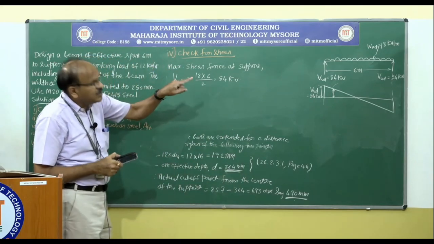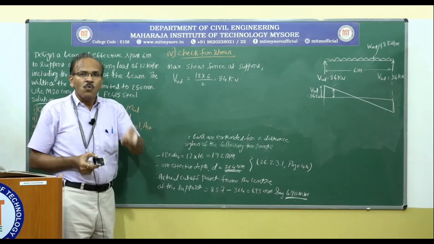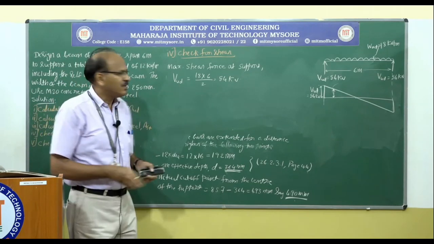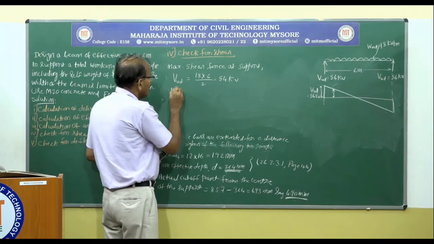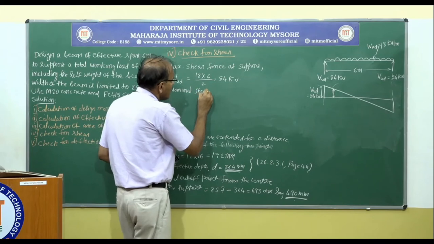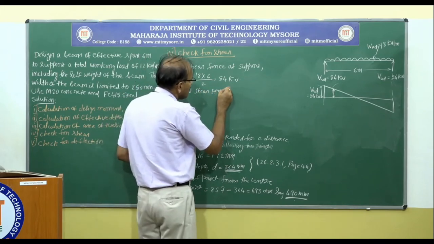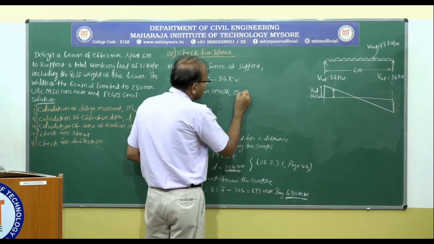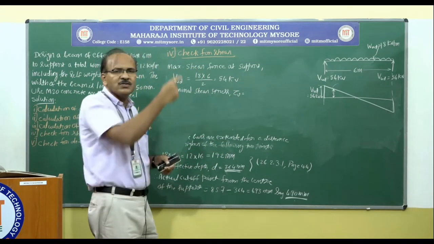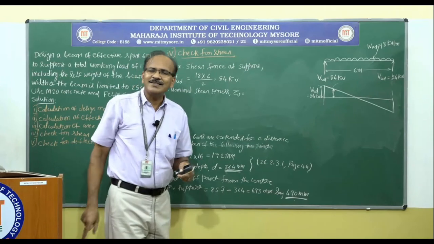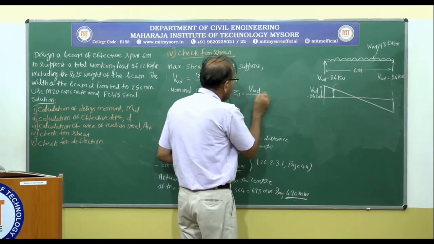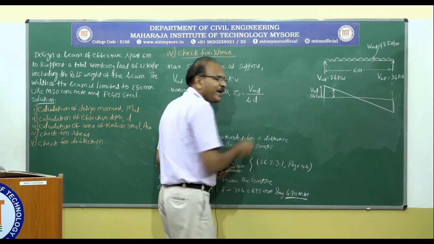Okay, once we have that shear force, we need to find out what is the nominal shear stress. Therefore, nominal shear stress tau V. Nominal shear stress is the shear stress caused due to the design shear force, equal to VUD divided by BD.